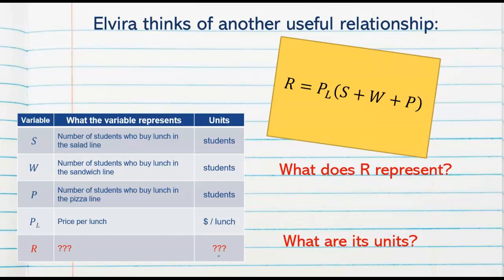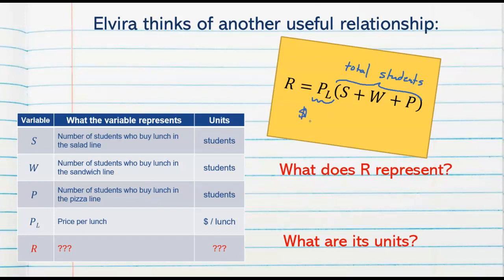Well, one way I like to deal with problems like this is to look at the units, see what the units represent. So we said that when we added S, W, and P all together, we got students, right? Students plus students plus students is our total number of students who buy lunch. And then P sub L is just the price per lunch.